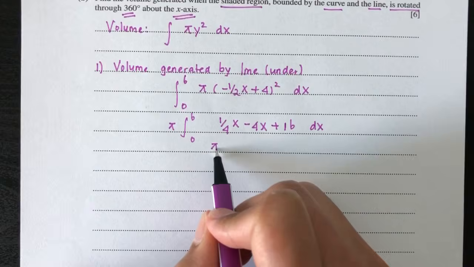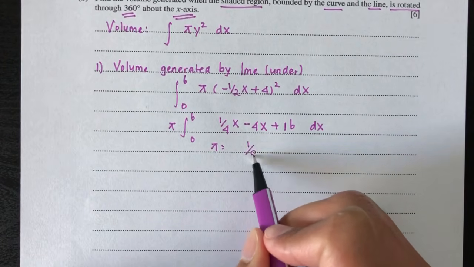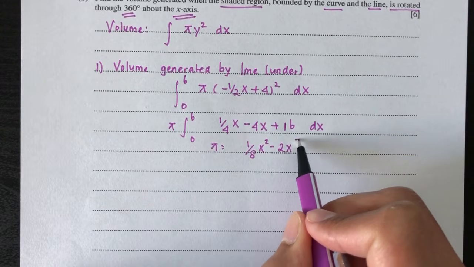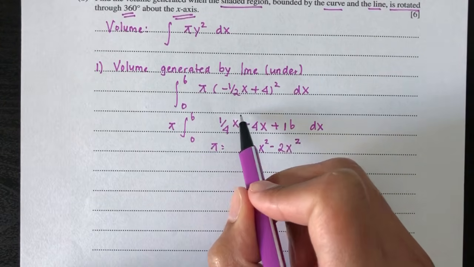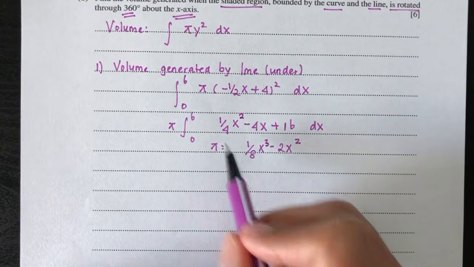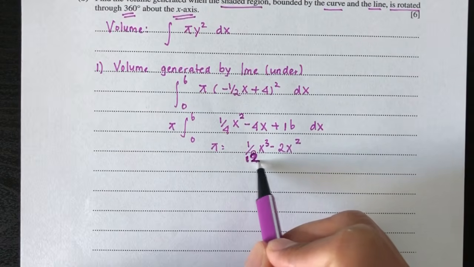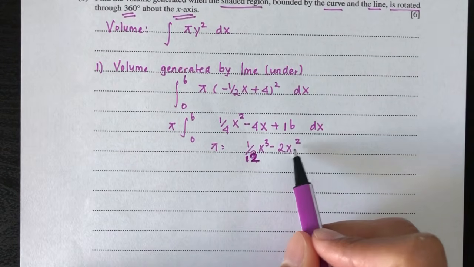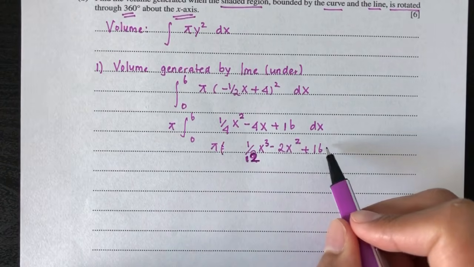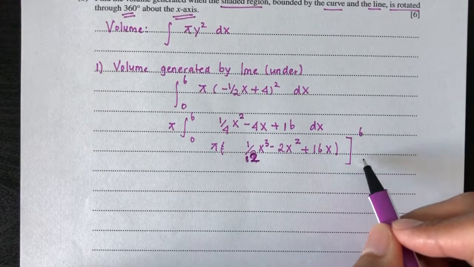Now let's solve. This becomes 1 over 12 x cubed, minus 2x squared, plus 16x, for the limits of 6 and 0.